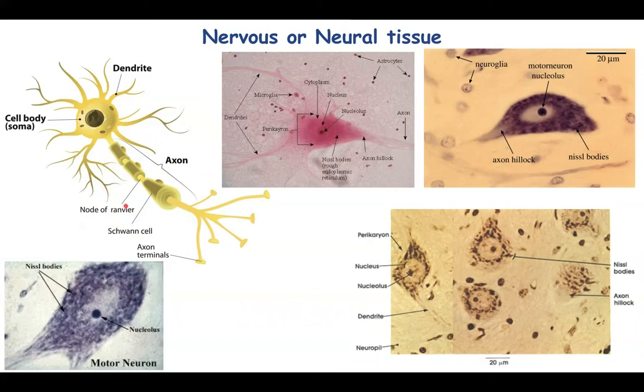Another thing about the neural tissue is that there are bodies called the Nissl bodies, or Nissl granules. They help in the synthesis of proteins, and they are unique to the cyton. Only cytons in the entire body, or the neurons in the entire body, have the Nissl bodies, the Nissl granules.